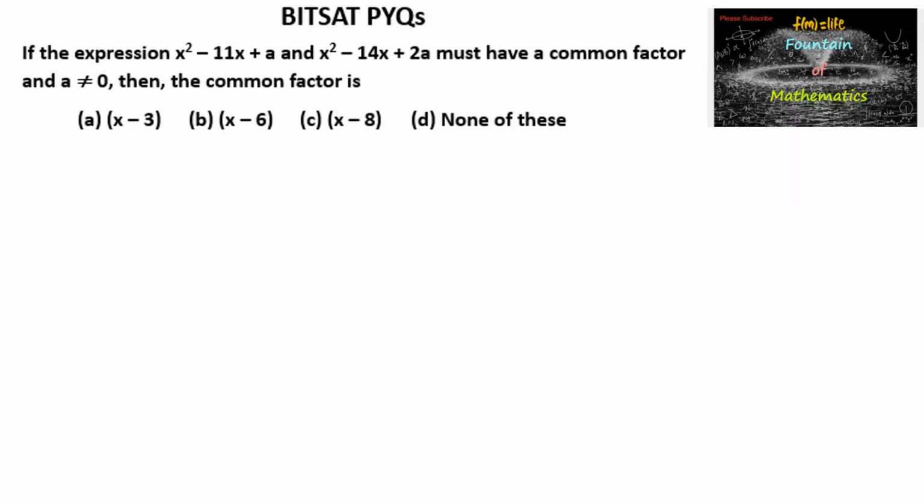Given that x square minus 11x plus a and x square minus 14x plus 2a are both having a common factor, for a not equal to 0, then what is its common factor? Let us consider x minus alpha be the common factor.